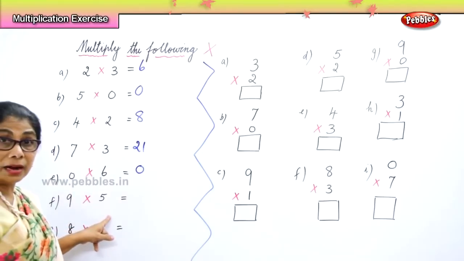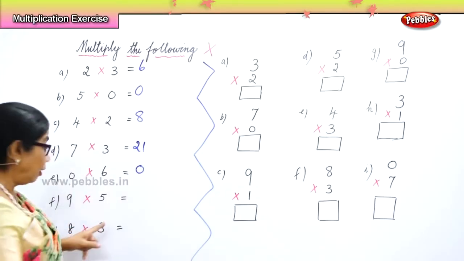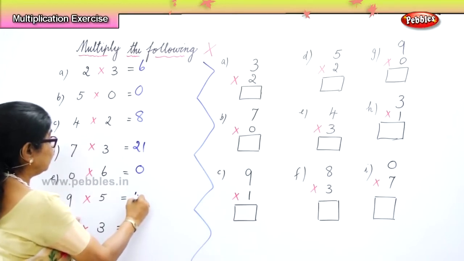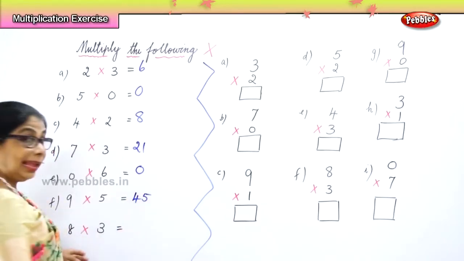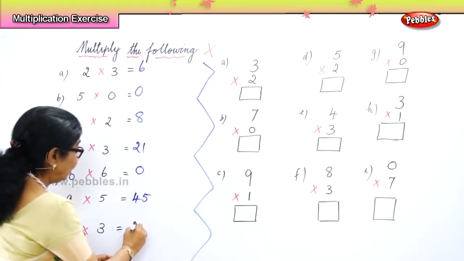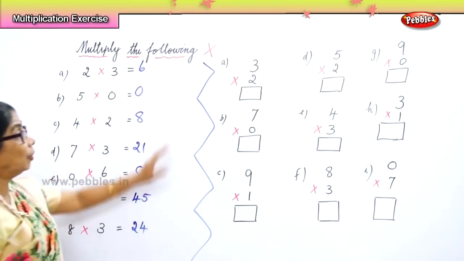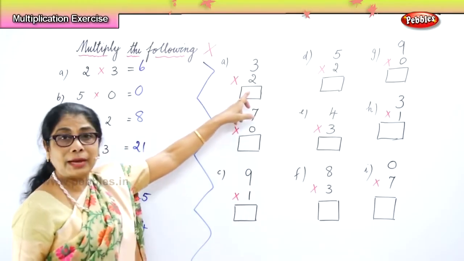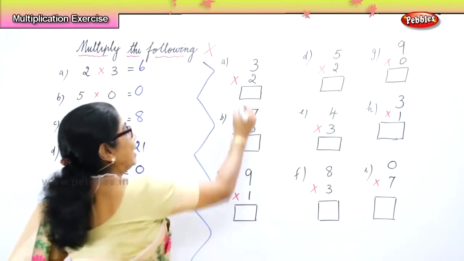9 fives are 45. Good. 8 threes are 24. Very good. Now 3 twos are 6.